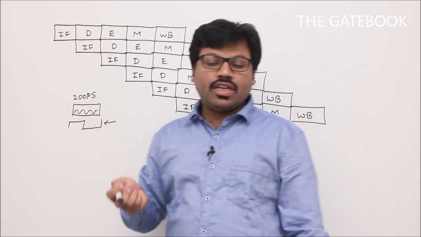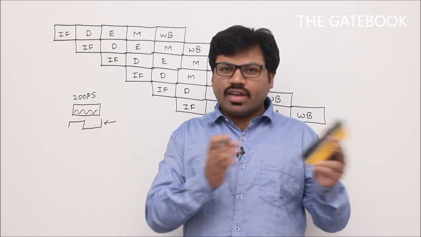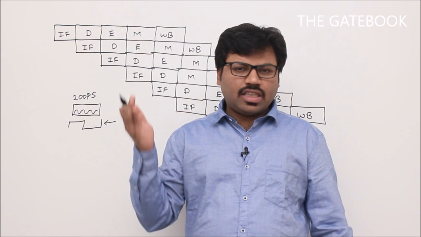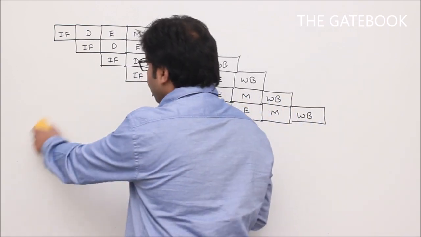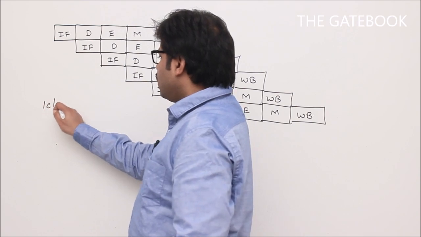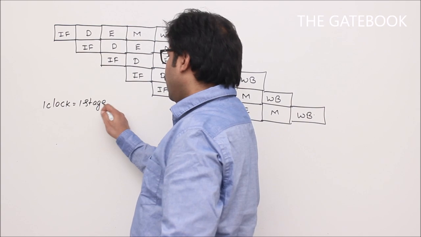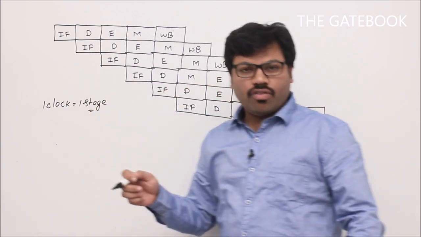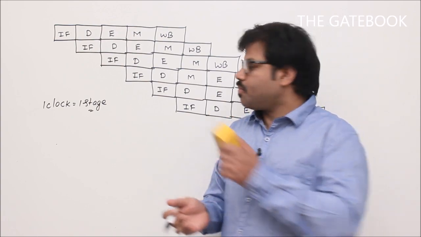But in serial execution, in the non-pipelining model, we fixed our clock cycle to exactly one instruction execution time, which is 800 picosecond. Here we take one clock cycle as one stage time, and the stage duration is already fixed. It is 200, the maximum stage delay.